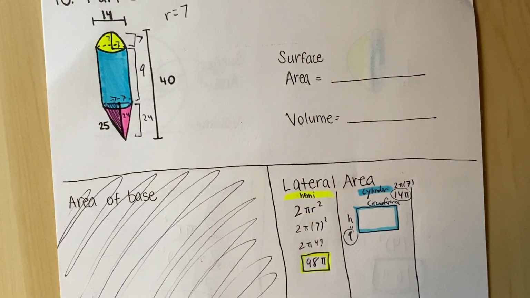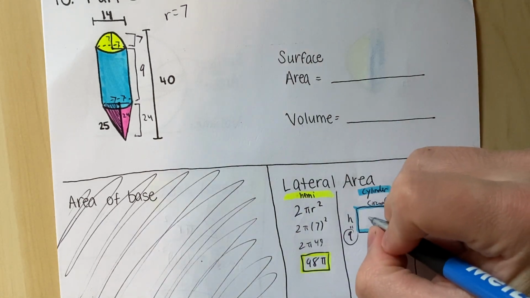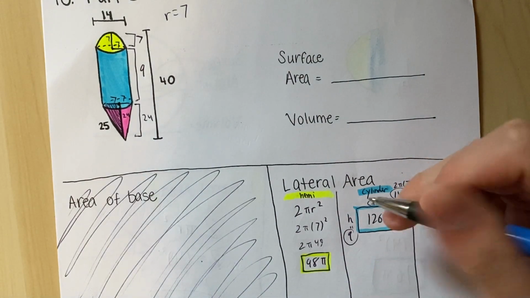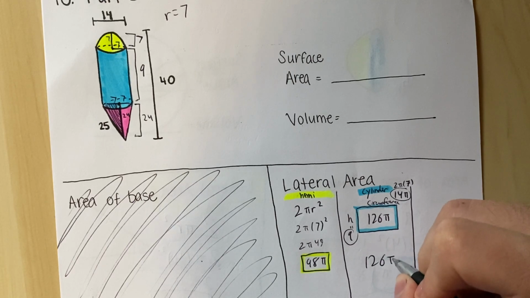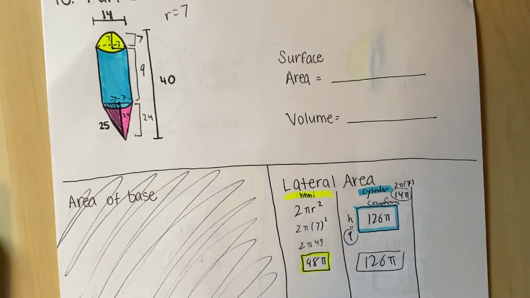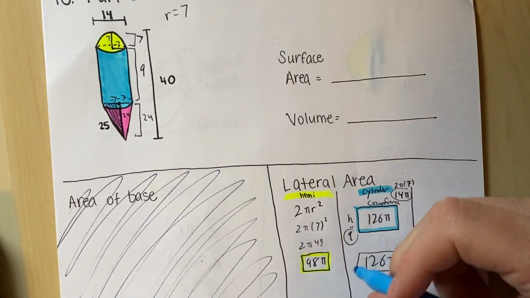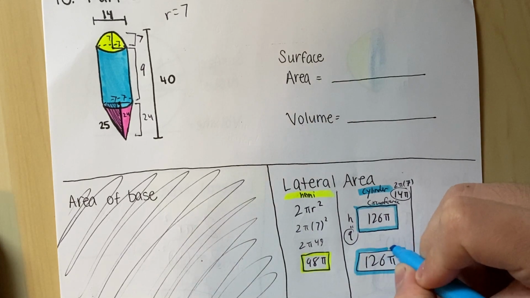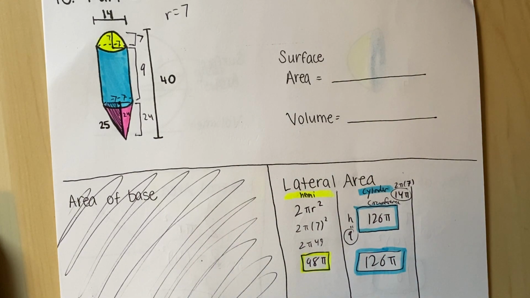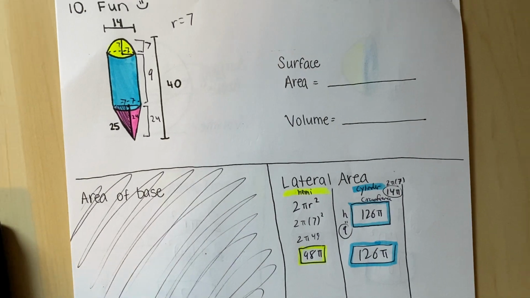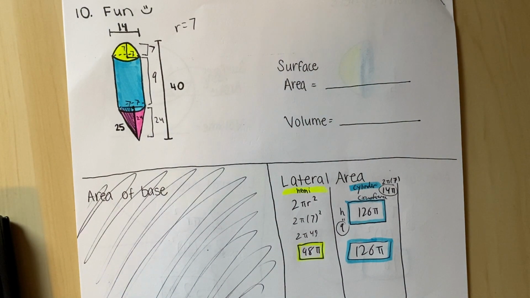Then 9 times 14 pi is 126 pi. So that's the lateral area of the cylinder. Beautiful. So that took a little bit more work because they didn't give us all the information, but we have that.